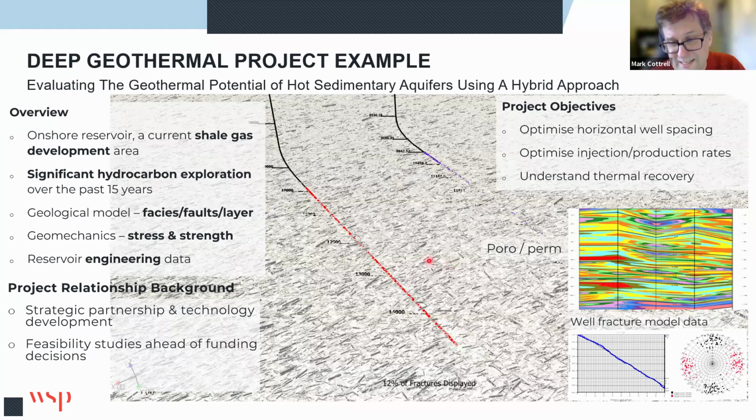That DFN model is calibrated based on fracture data that exists on those wells. We have cumulative fracture intensity plots that can tell us about the fracture intensities. From the image log data, we can also determine the orientations of the fractures.